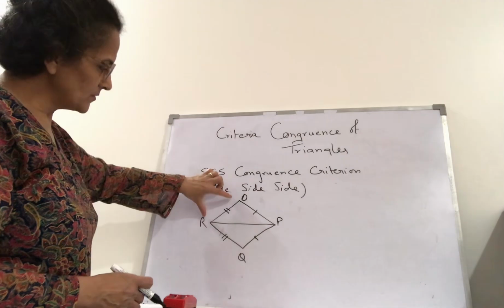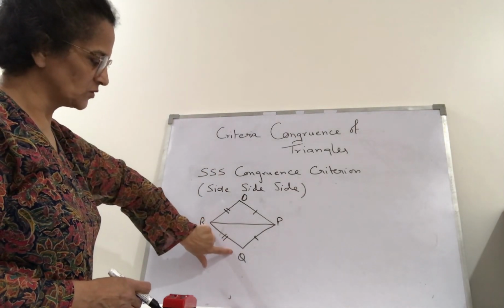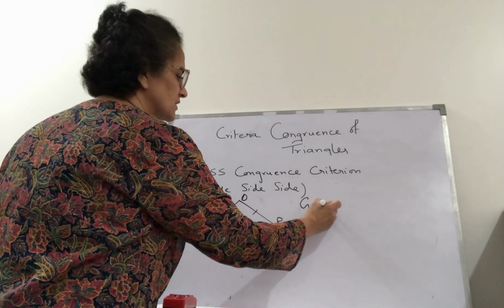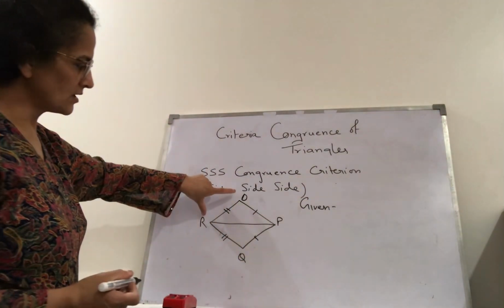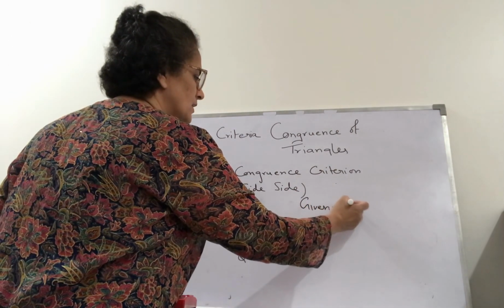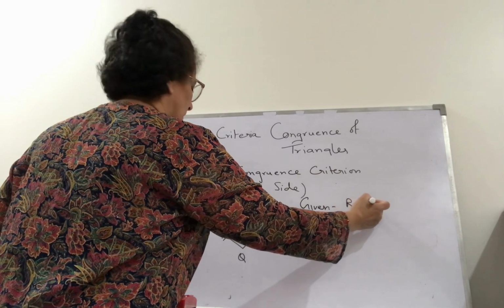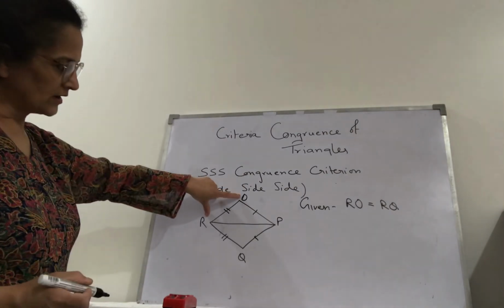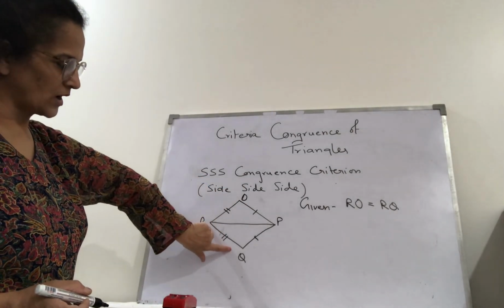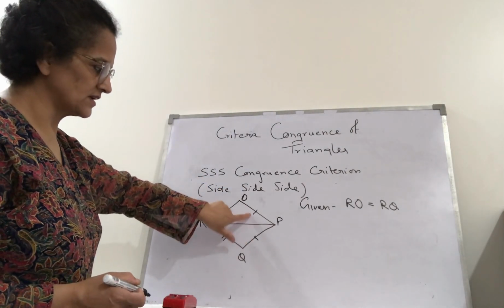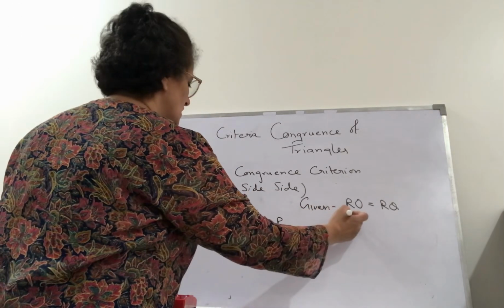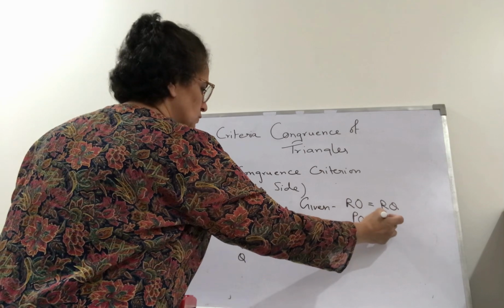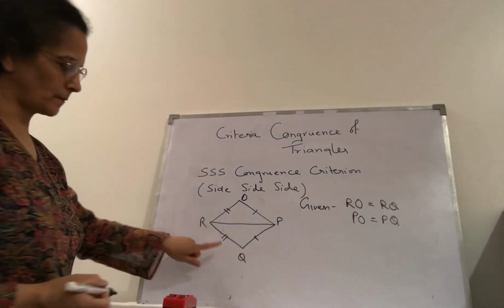So what is given? This side is given to be equal to this side. So first we write what is given. Given: RO is equal to RQ, and these marks tell us these two sides are equal, and PO is equal to PQ.